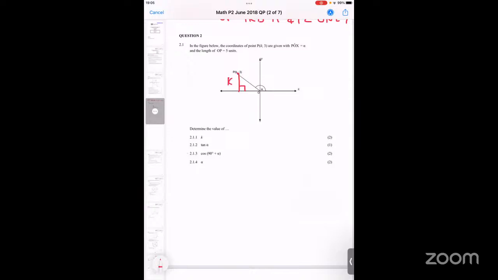On OP, I wrote 5. And I wrote 3 on the vertical line, because that's our Y value.